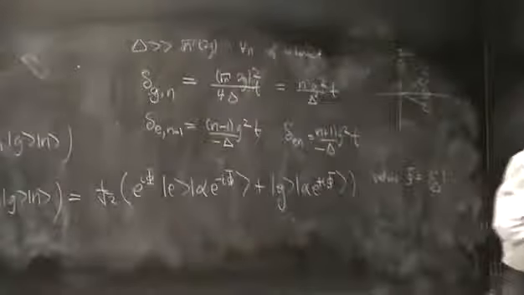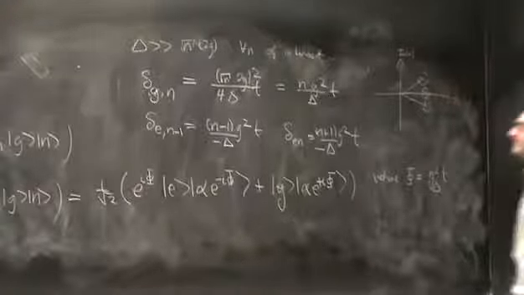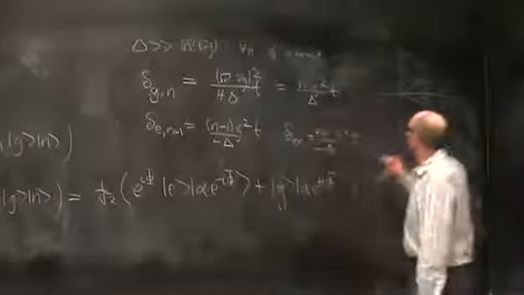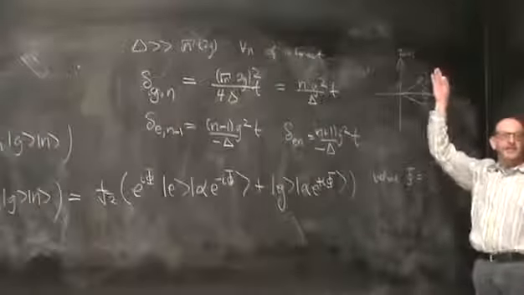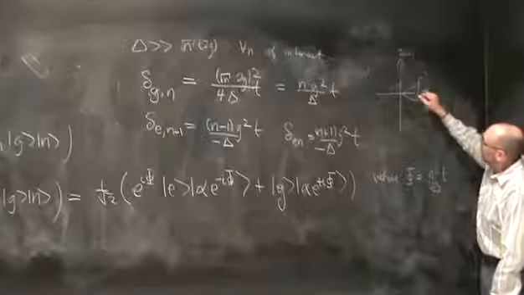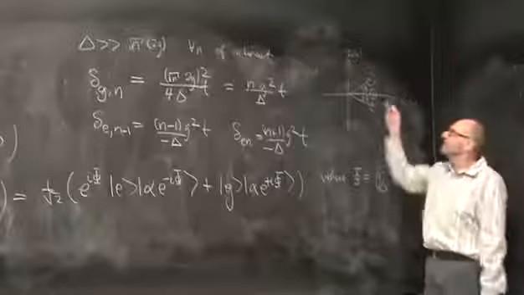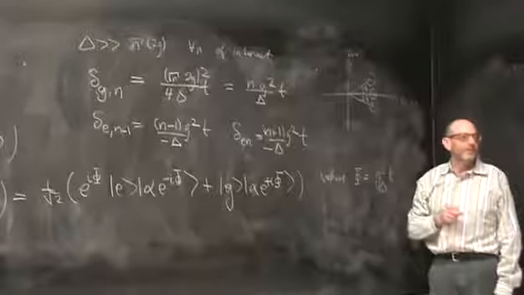The atom causes a kind of index of refraction that's different depending upon whether the atom is in the excited state or the ground state, and causes a phase rotation differently. And so there's a phase this way and a phase that way, correlated with whether the atom is in the excited state or the ground state.